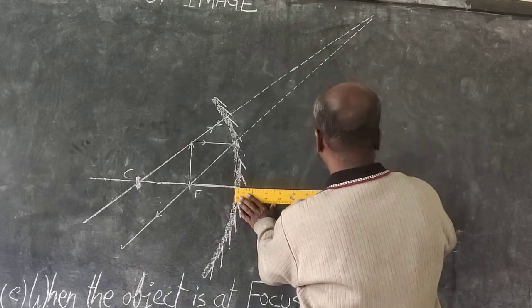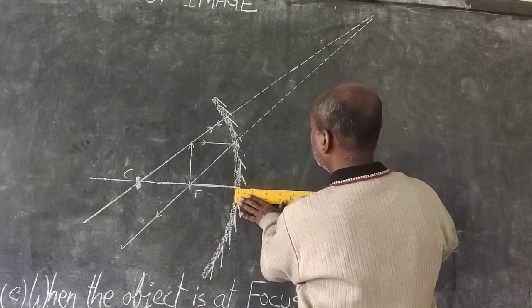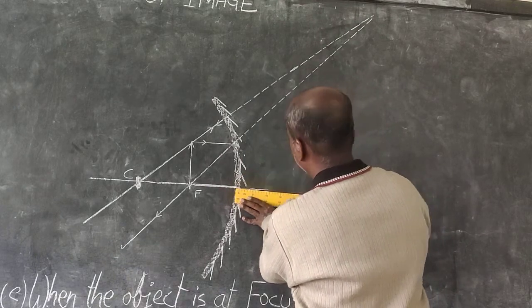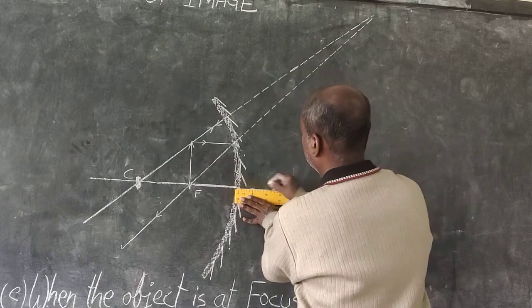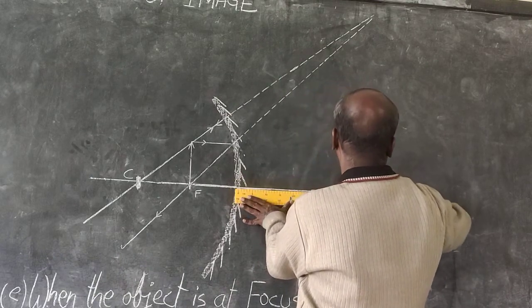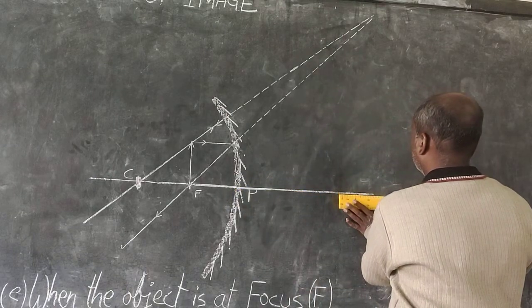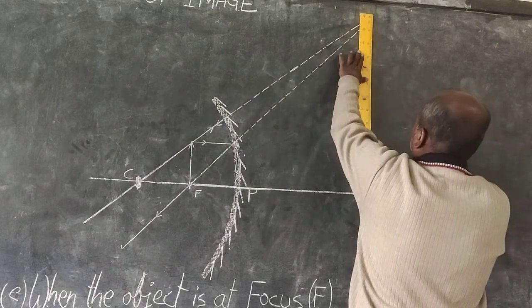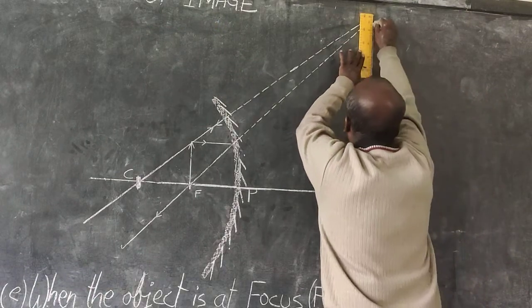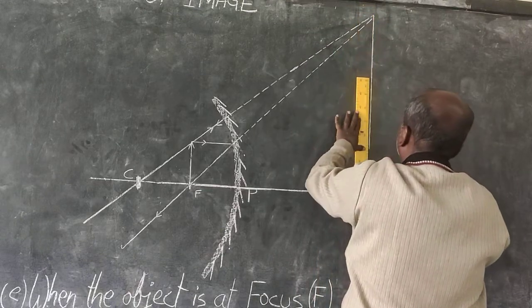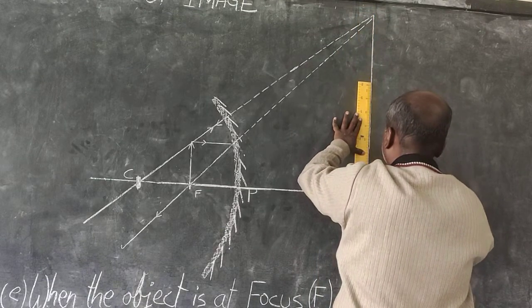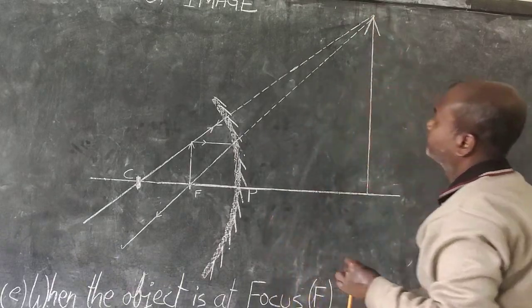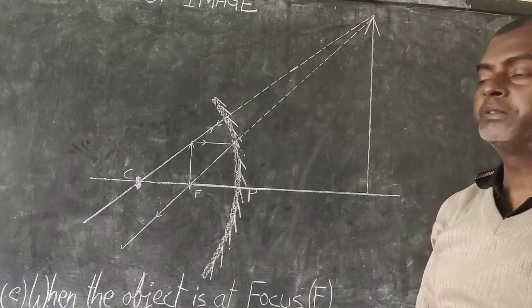So let me prolong the line of the principal axis, so that I can explain. Here is the image of this particular object.